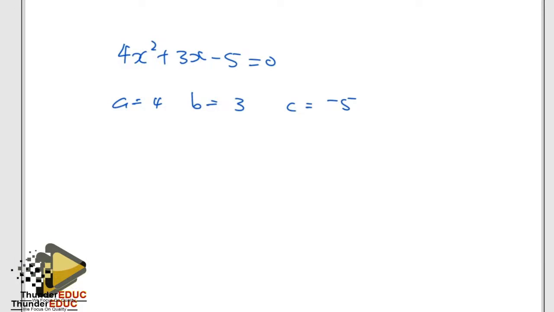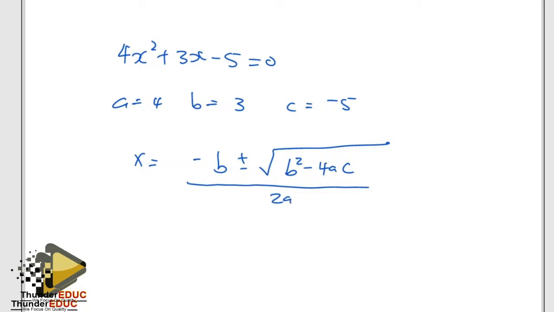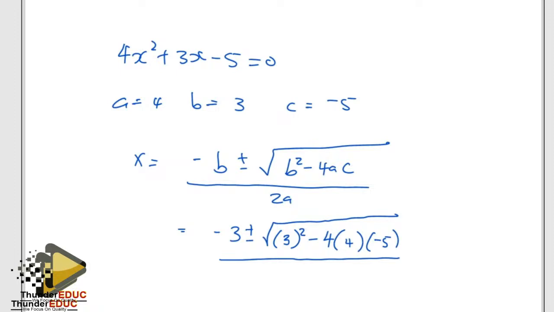We know that the quadratic formula is x equals negative b plus or minus the square root of b squared minus 4ac, everything divided by 2a. If I do the substitution, that's going to be negative 3 plus or minus the square root of 3 squared minus 4 times my a, which is 4, and my c, which is negative 5, and then I divide this by 2 times 4.